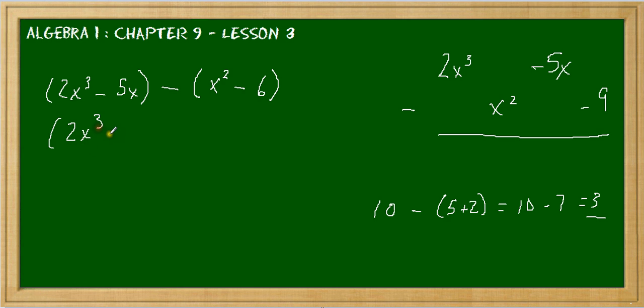So we have 2x cubed minus 5x in parentheses. We're going to change this to addition. Why? Because then we can just strip out the parentheses without a problem. But when we change something to addition, we have to go with the opposite, remember? So we're going to go with the opposite of x squared, which is now negative x squared, and the opposite of negative 6, which is positive 6.